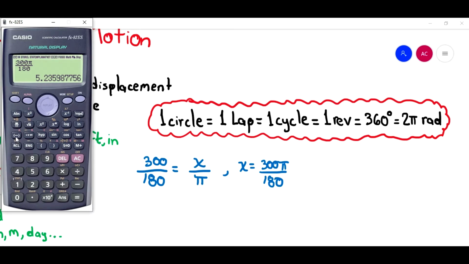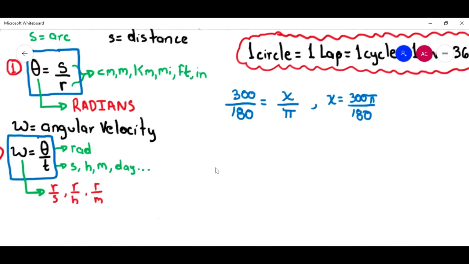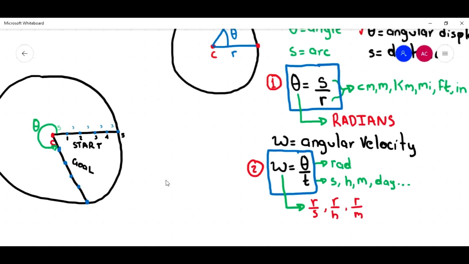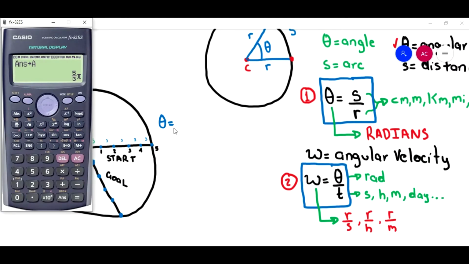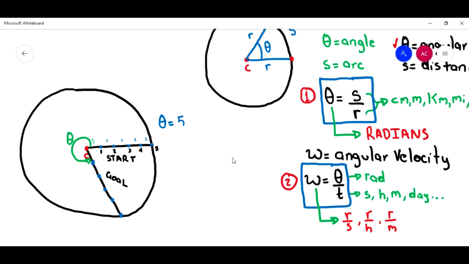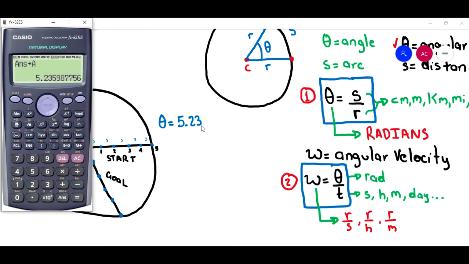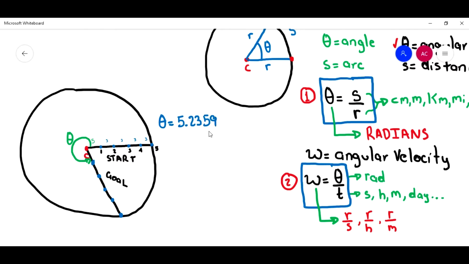I'm going to save this value in memory A of my calculator, and I'm going to write over here that the angular displacement equals 5.2359 radians. I'm going to circle this. This is letter A, and I also have this value saved in memory A of my calculator.